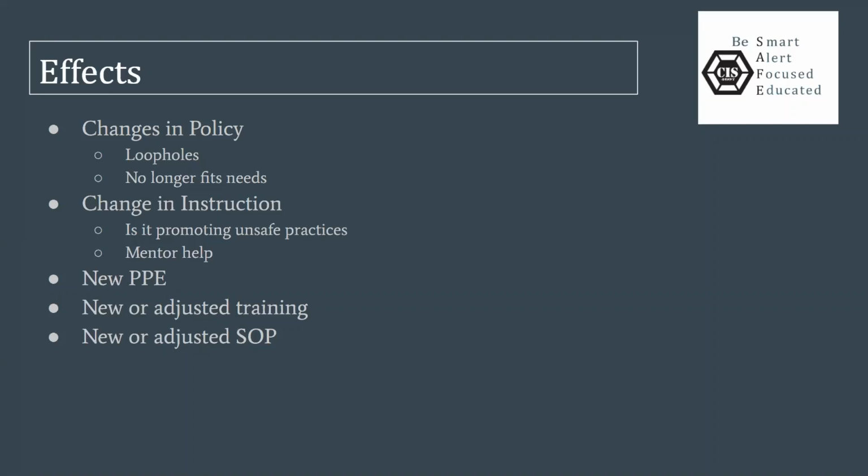So you might have some new or adjusted training. One of our most point-outable examples is Loctite. One of the things we discovered from our FMEA is someone put Loctite where they were not supposed to, and it caused a major issue. The solution was to train people on how to use Loctite.